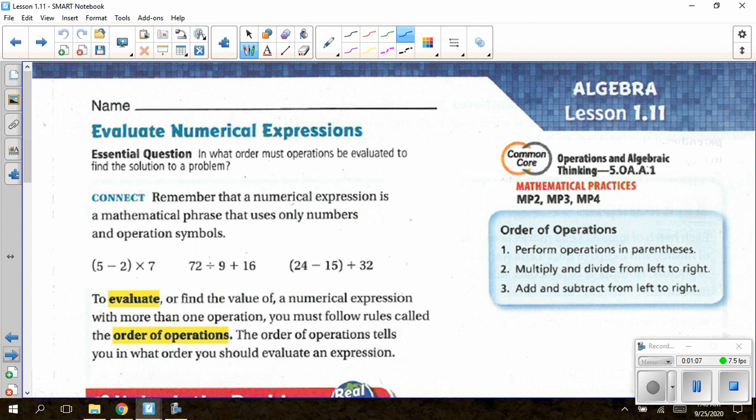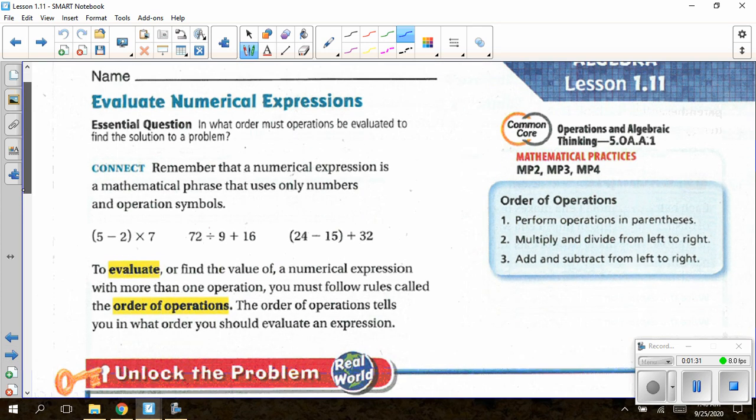In parentheses, 5 minus 2, and then times 7. That is an example of a numerical expression. We have all numbers with our operations indicating what we have to do. Another example, 72 divided by 9 plus 16. And the last example, 24 minus 15 in parentheses plus 32.